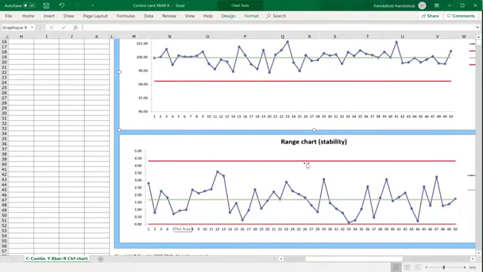This is where we will see if your process is stable or not from a statistical point of view. What we compute here is a range. A range is the maximum value of the data used to calculate the mean X-bar 1, minus the minimum value of the data used to calculate the X-bar.